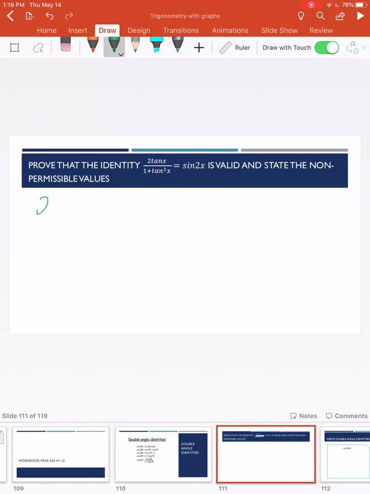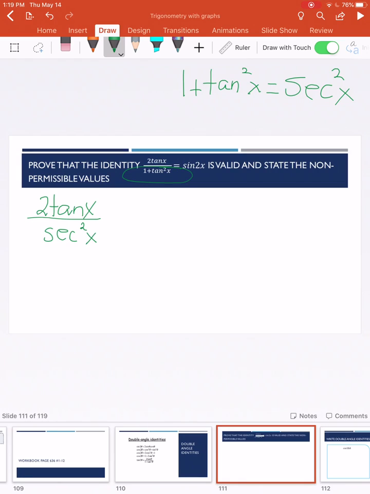In this case, I'm going to keep the 2 tan x, but when I see that 1 plus tan squared x, if I go to my Pythagorean identities on my formula sheet, that is equivalent to secant squared x. So I'm going to replace that with secant squared x. So I'm doing the left side. Make sure you split your paper up to left side and right side.